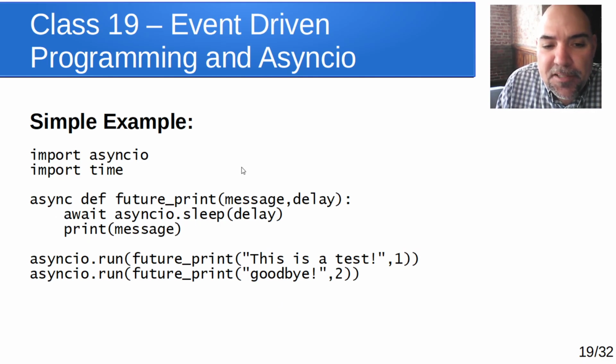So this is going to pass in the delay, which means 1 second in the future, this thing's going to print out that message. So asyncio.run, asyncio.run. So this is a test. It's going to show up 1 second later, and then 1 second after that, or 2 seconds later, we're going to get goodbye printed. But one of the things to note is that these are really running at the same time.